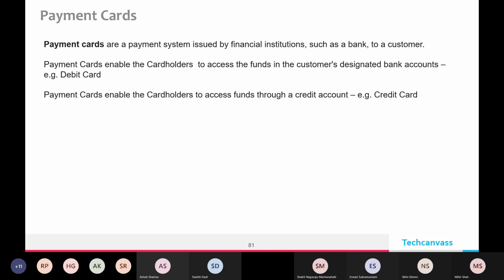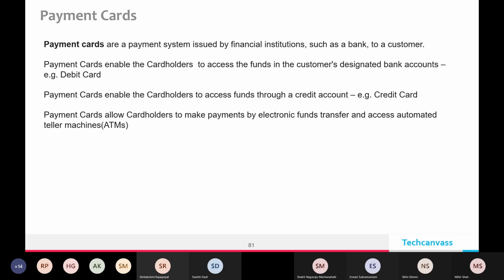Okay. A debit card is something attached to a current account or savings account. Sometimes you can see that there are some limits attached to the savings account or current account. Still, the card that is issued for that account, we call it a debit card only. And these payment cards allow card holders to make payments by electronic fund transfers and through automated teller machines.